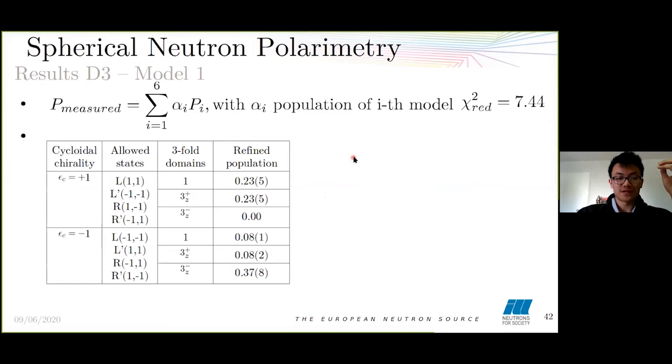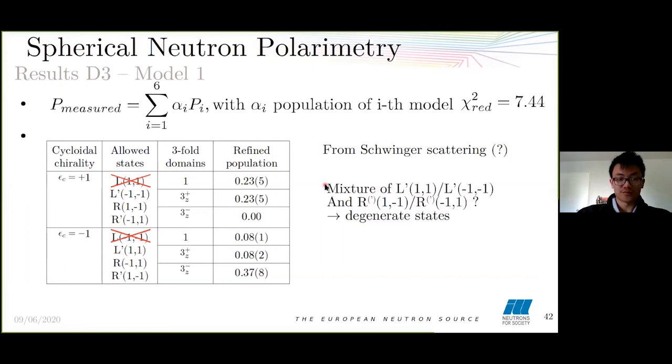In this case, the results are shown here. From the Schwinger scattering, these states shouldn't be existing in our samples. But what we can conclude from these results is that there may be a mixture of the remaining states. So they could be some degenerate states.